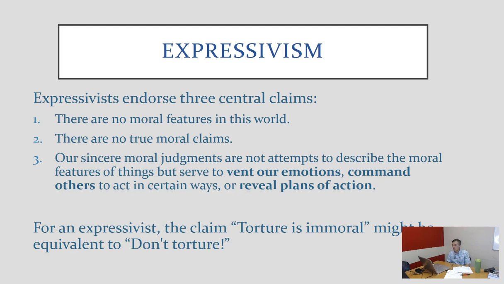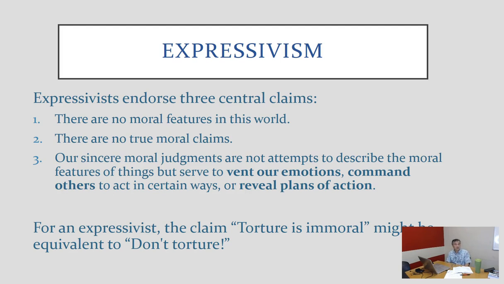So notice how this sidesteps the whole question of whether the moral judgment is true or not, because truth does not apply here. Those kinds of claims, like don't torture or torture makes me queasy, are not claims that can be true or false. They either report a direct internal state, like I feel pain, that kind of thing, or they are a command, so it's a different kind of locution than a proposition that we're making about the world.